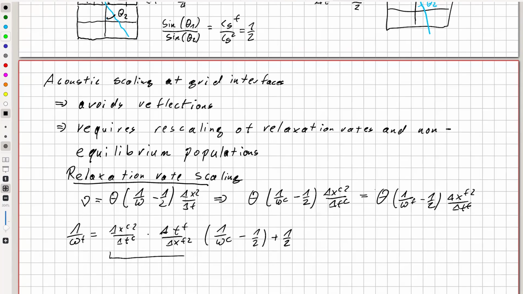And if we have a refinement factor of 2, then this here turns out to be 2, such that we can write this as 1 over omega fine is equal to 2 over omega coarse minus 1/2.